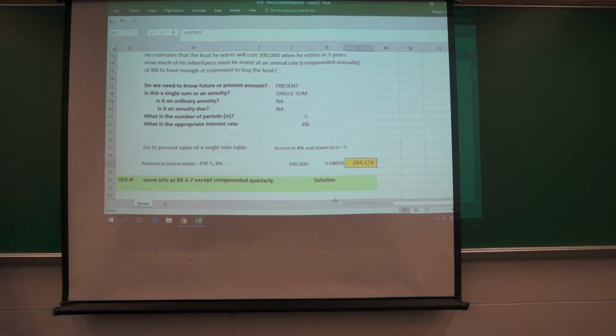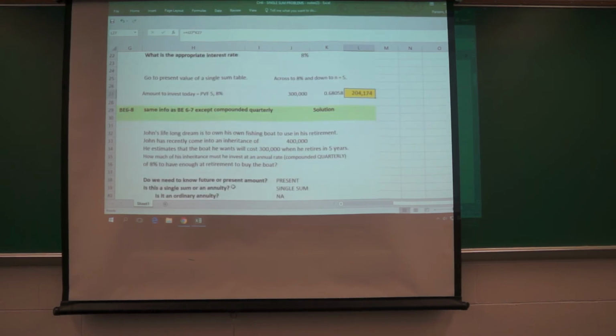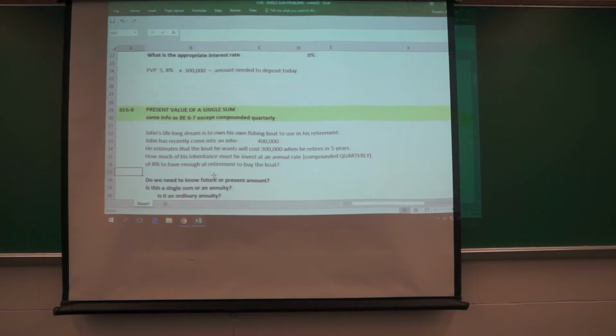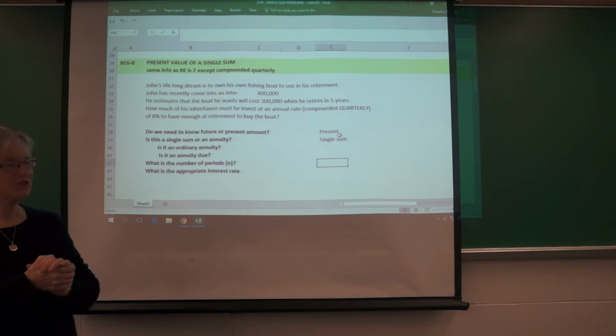Okay, so now let's do the same problem, except it's compounded quarterly. How does this change things? When we go through the same procedure here, we still need to know the present value, and it's still a single sum, so that gets us to the same table. But now, when it is compounded quarterly, that means there are 4 interest periods in each year.